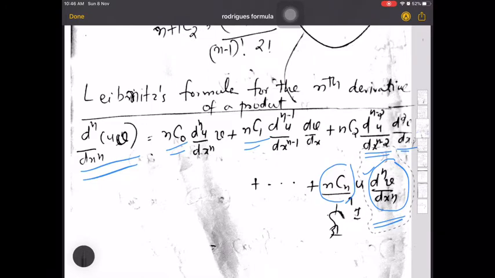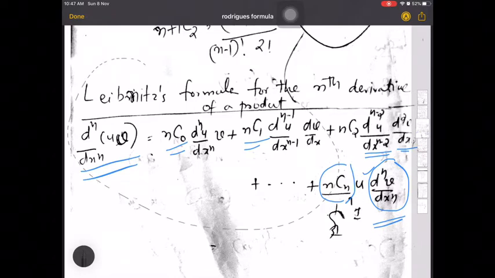So this is the Leibniz formula. The Leibniz formula is used for obtaining the nth derivative of a product of functions. We start from nC0 here, then nC1, and the last term is nCn. So this formula we are going to use.